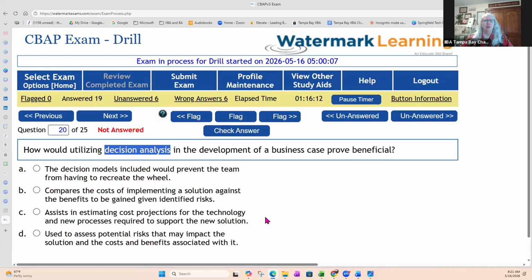Assists in estimating cost projections for the technology and new processes required to support the new solution, or used to assess potential risks that may impact the solution and the costs and benefits associated with it. Which one would we be using decision analysis for a business case?